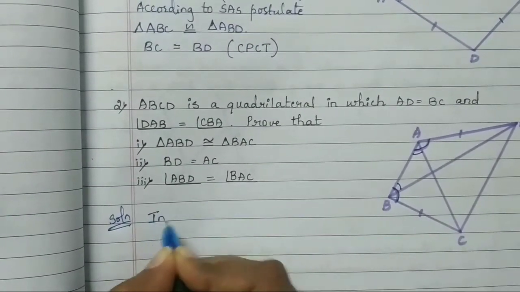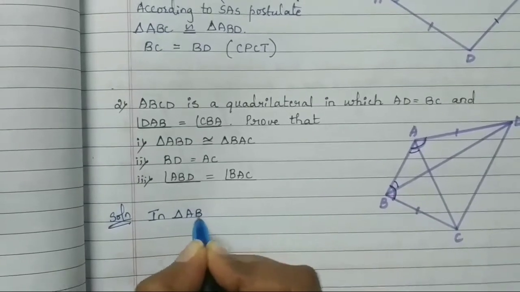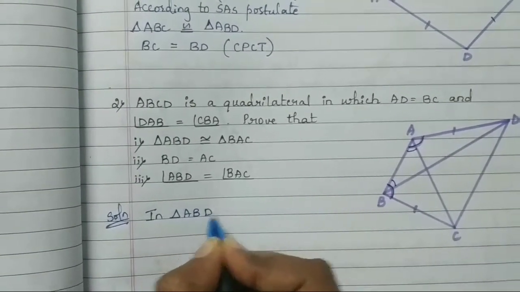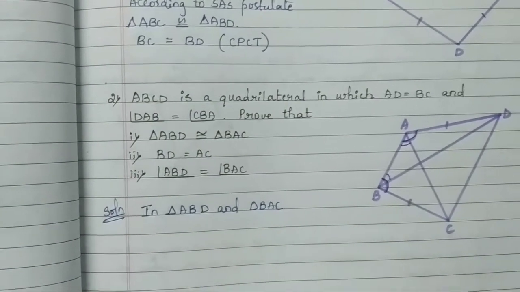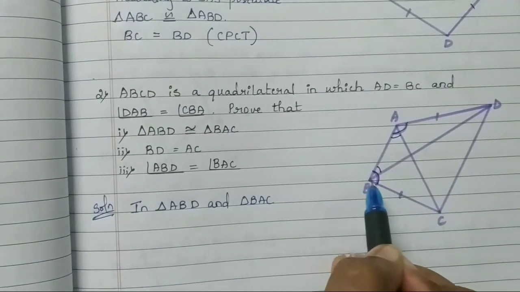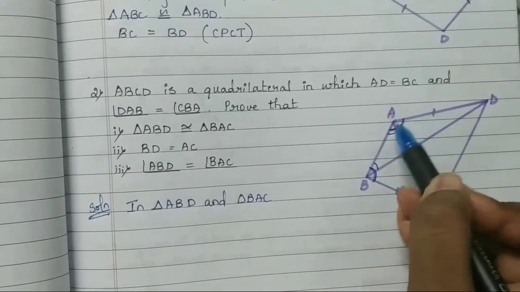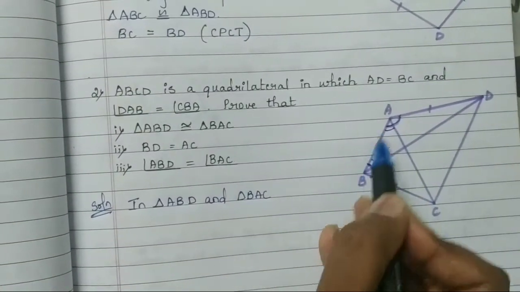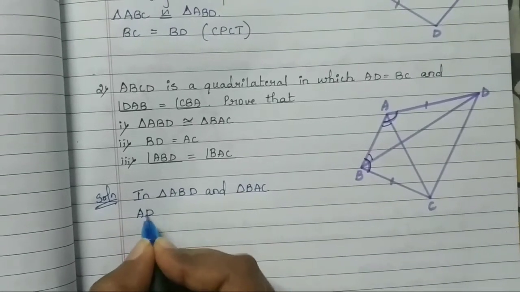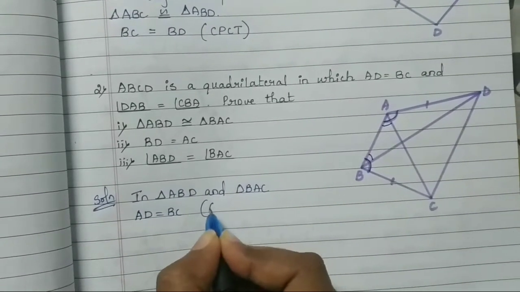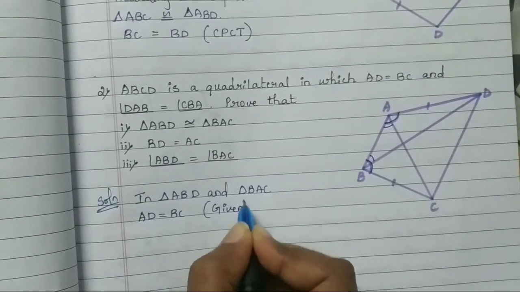That is, in triangle ABD and triangle BAC. So we have taken both the triangles. First, AD is equal to BC, which is already given in the question.